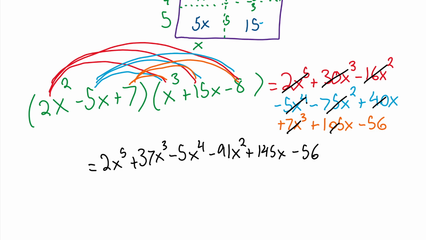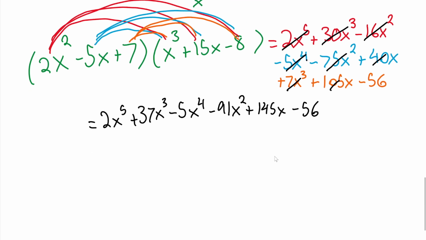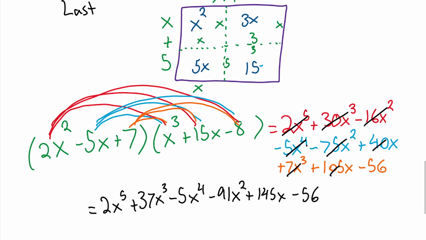Ultimately, this is what we get. We get this big long thing. We can't combine any other terms, and there's no way to make this any simpler. So this is what we end up with. Again, if you want to visualize it, you could draw out a big rectangle and divide it into all of these chunks.